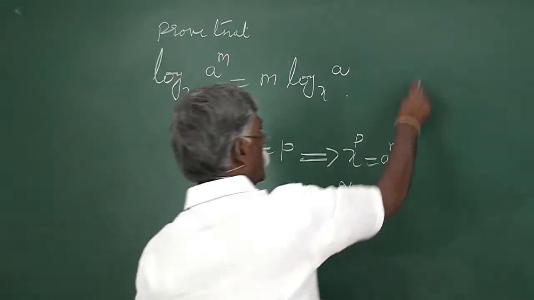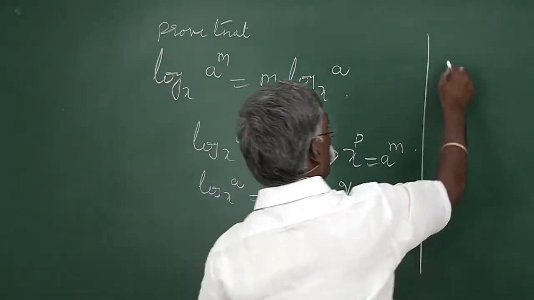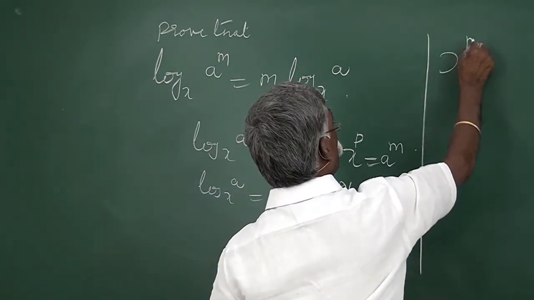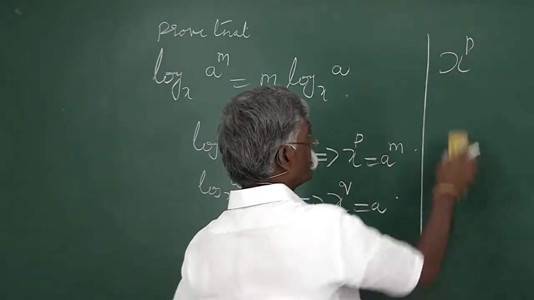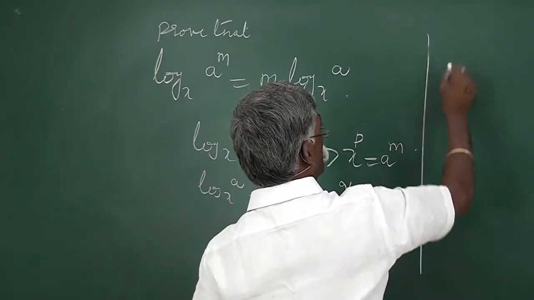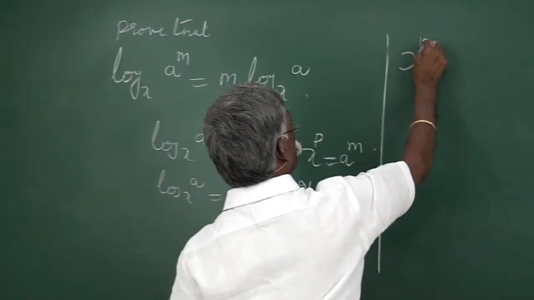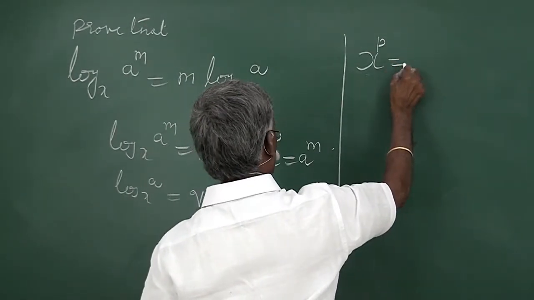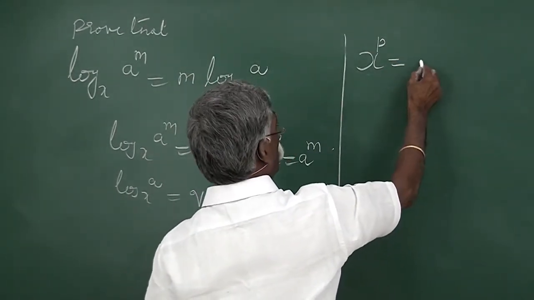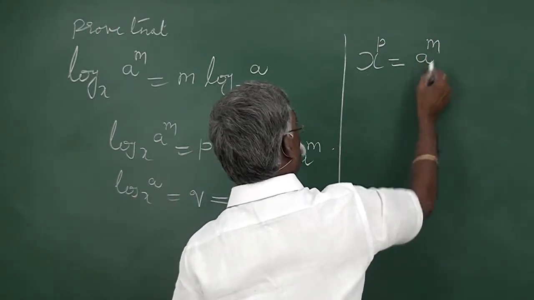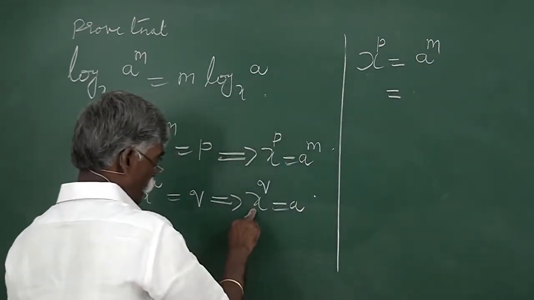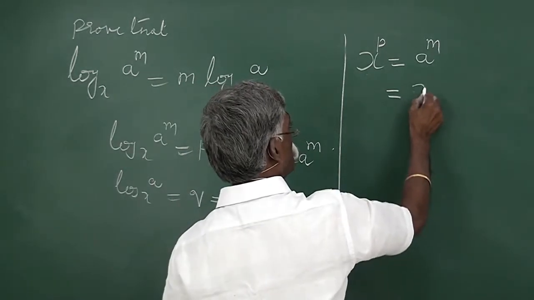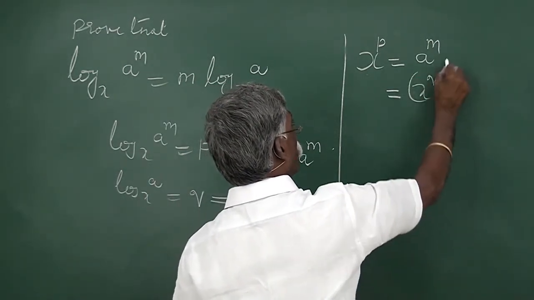Now the first result is x power p is equal to a power m, and the value of a is x power q. Therefore, this is x power q to the power m.